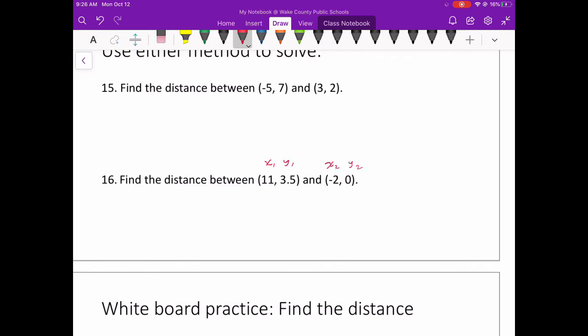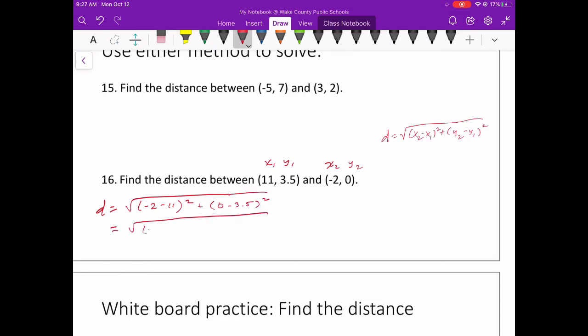All right, and again, our distance formula, the square root of x2 minus x1 quantity squared plus y2 minus y1 quantity squared. Okay, so now my distance is going to be the square root of negative 2 minus 11 squared plus 0 minus 3.5 squared.